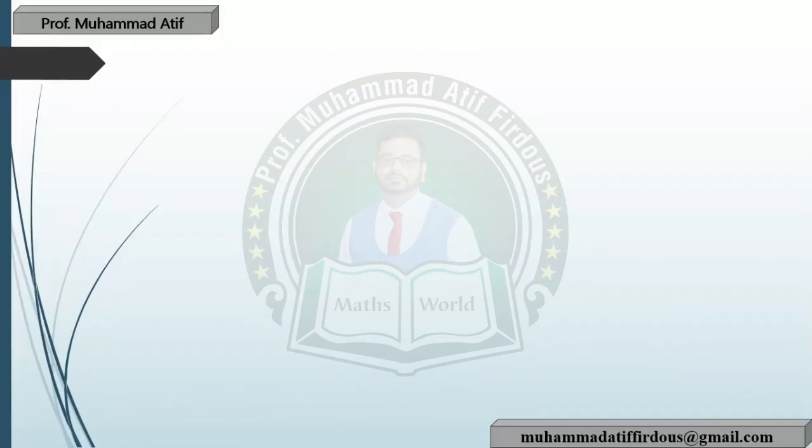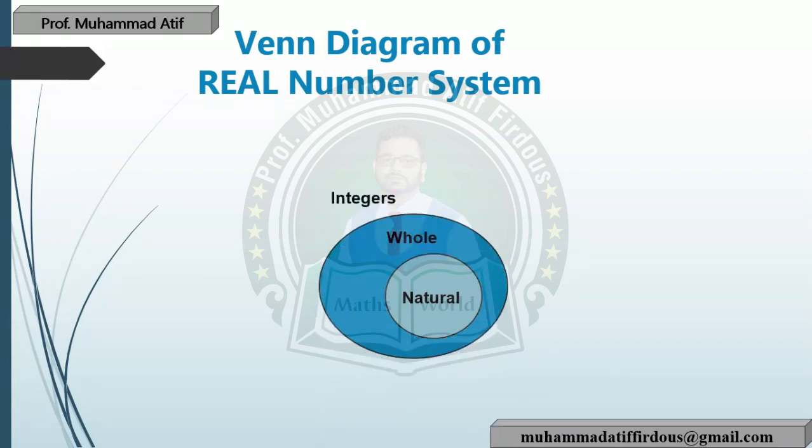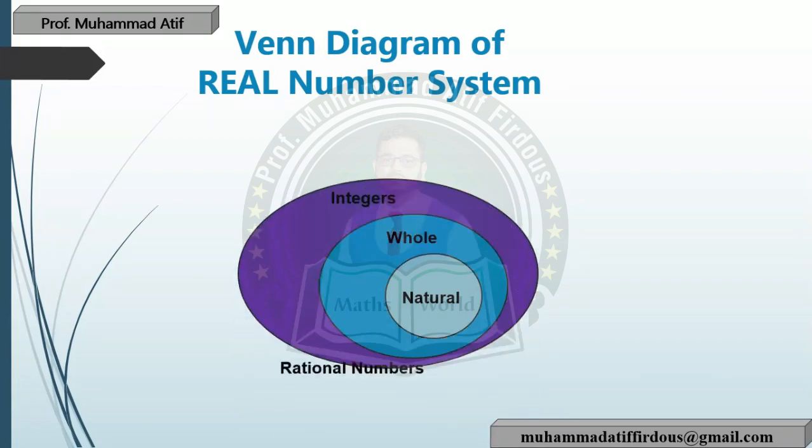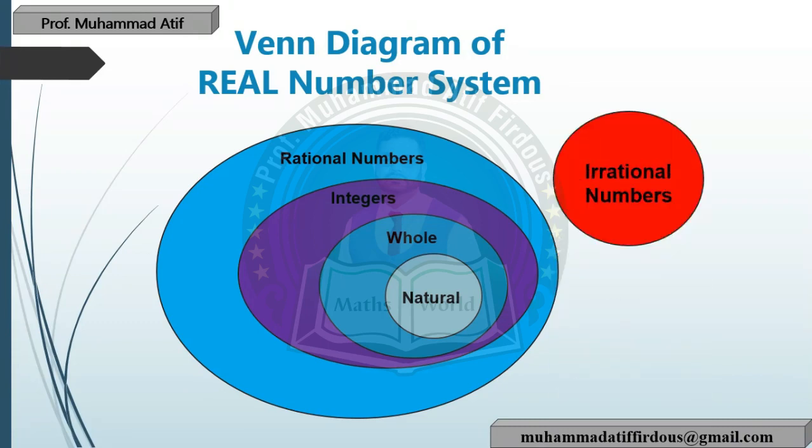Now, we revise our today's lecture with the help of a Venn diagram. Natural numbers are contained in whole numbers, integers contain whole and natural numbers, and rational numbers contain integers, whole and natural numbers. And the numbers which are not rational are called irrational numbers.